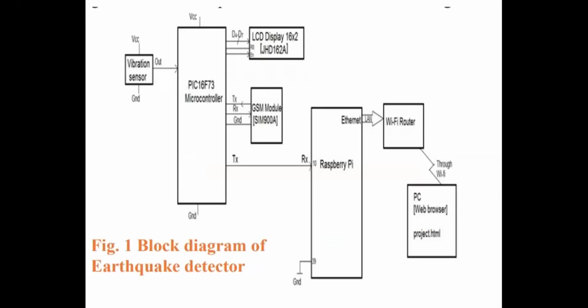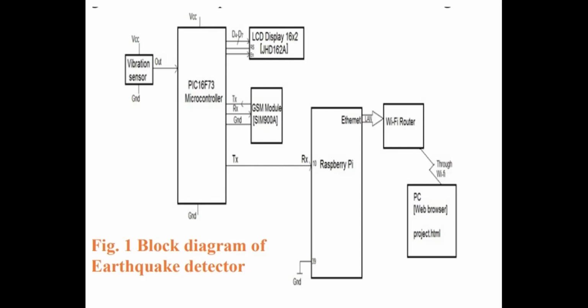So I think people can understand. He has taken a very good topic, the earthquake detector. Even though our country is not facing such a problem, it is happening in and around. He has explained that the vibration sensor is the input for the microcontroller. When the vibration sensor senses a high magnitude, it activates the PIC microcontroller, which displays the value.